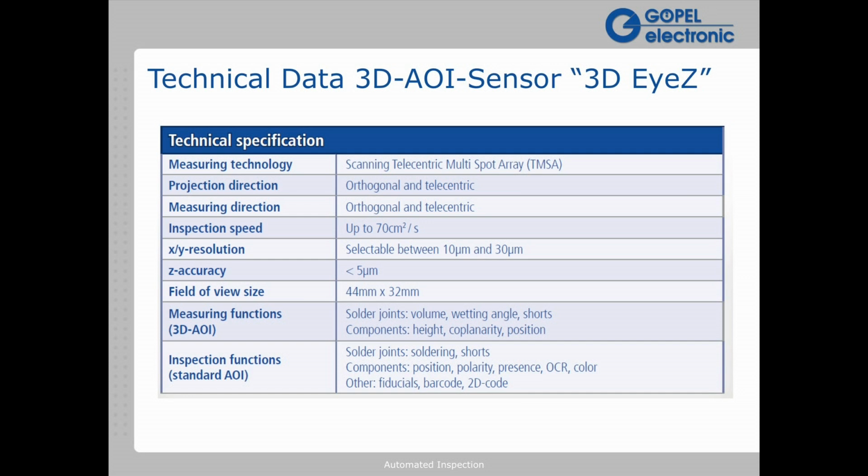Measurement functions for the 3D capability for solder joints include such things as volume, wetting angles, and shorts. For components, we can measure height, coplanarity, position, and of course this is just a small sampling of the measurement functions.